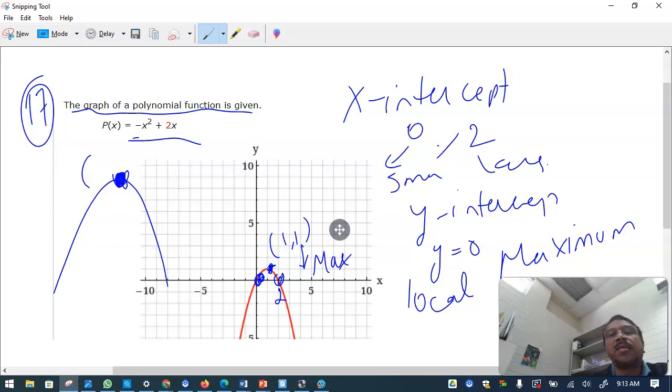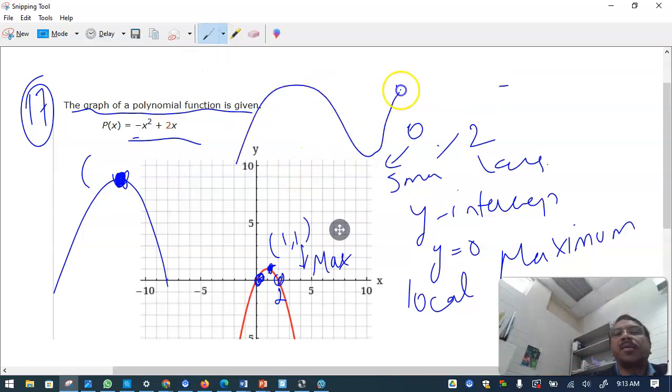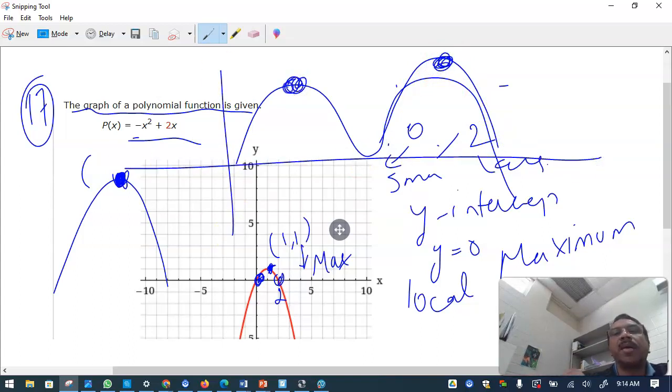Sometimes you may have a graph like this. See, so this will be one, and there could be another one, a bigger one. So there are two local maxima here. This also is a local maximum, but this is the smaller one. This is the bigger one.